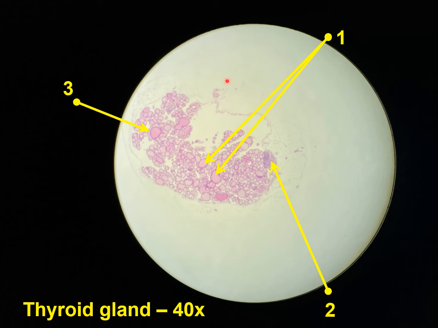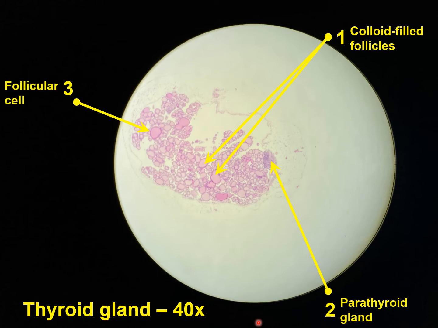This is yet another histological sample featuring the thyroid gland. And we can see our colloid-filled follicles. We can see our parathyroid gland here.